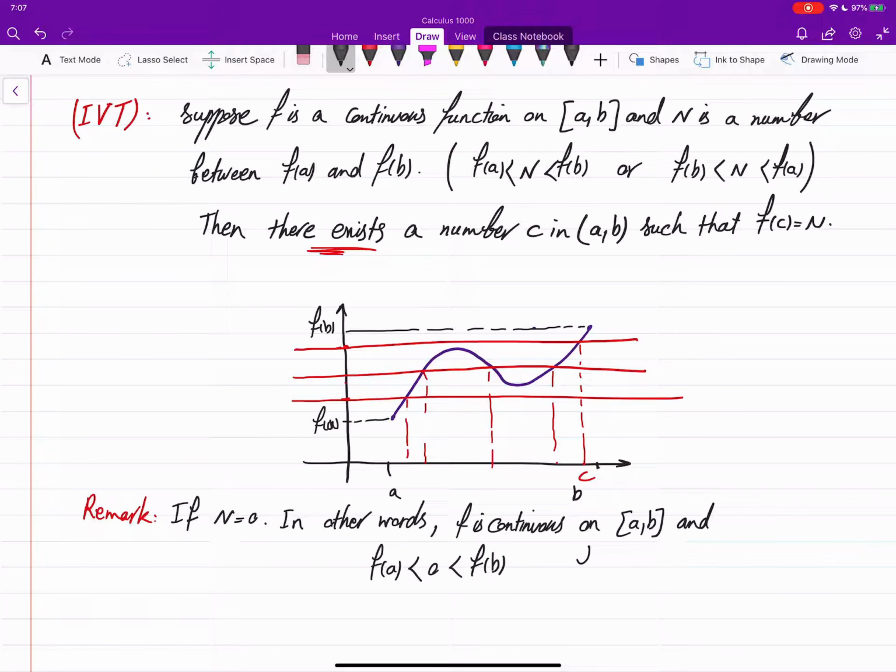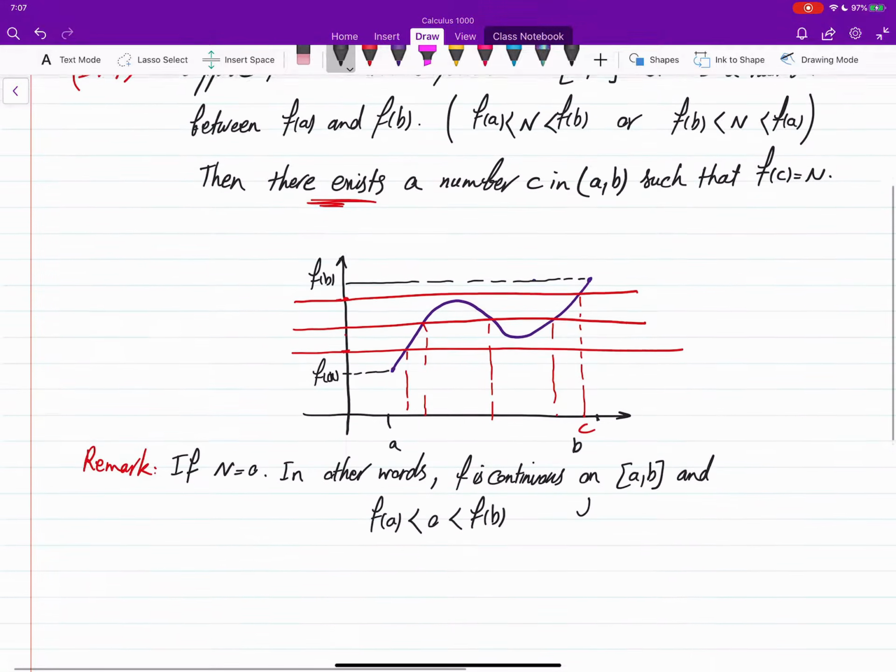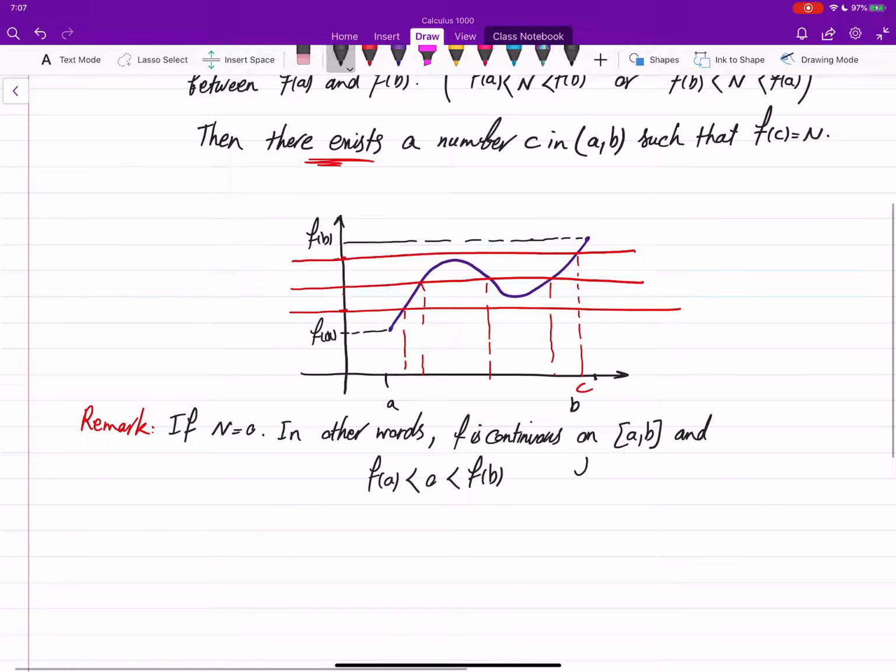It means that one of them is positive, one of them is negative. Then there exists a c in (a, b) such that f of c is equal to 0.